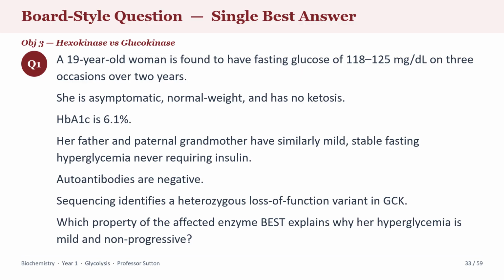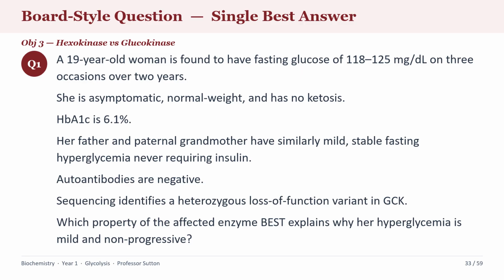Okay, so look at this board question. The distractors are all true statements about some enzyme. A and C describe hexokinase, D describes PFK1, E is invented. Read this stem. A 19-year-old woman with fasting glucose repeatedly between 118 and 125 over 2 years, asymptomatic, normal weight, no ketosis, hemoglobin A1C 6.1%.